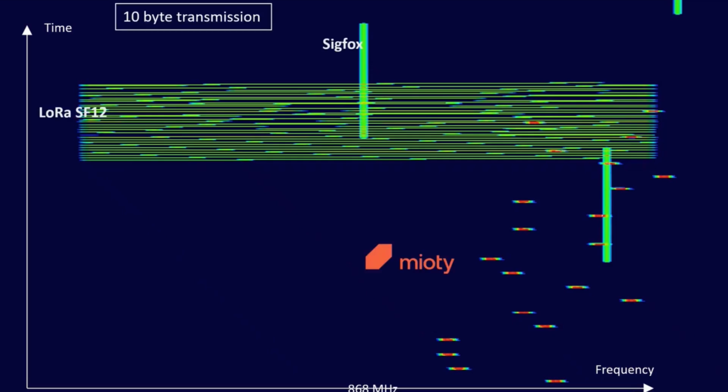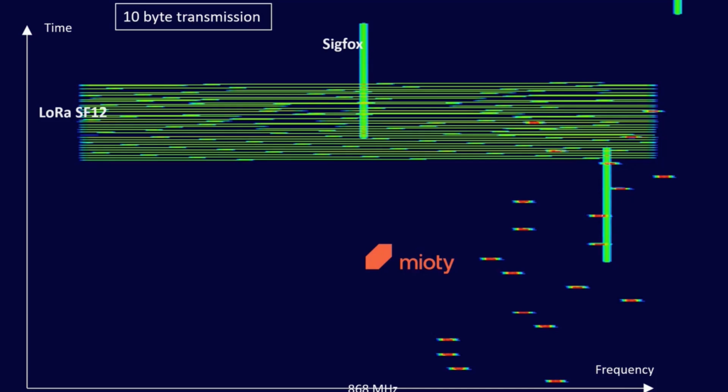So what is it then? Well, low power wide area networks. What we see here is a screenshot from the spectrum. It's the European spectrum. You see down there on the x-axis, 868 megahertz, which is where we reside on these open bands. And this shows what it looks like when you do a 10 bytes transmission.